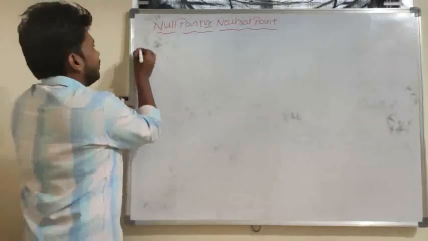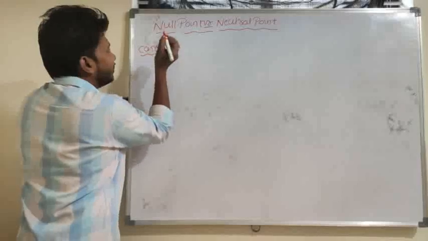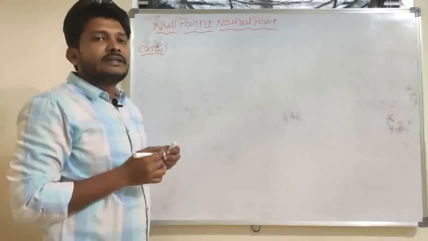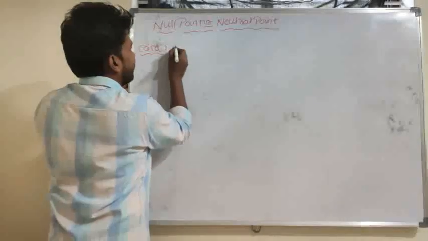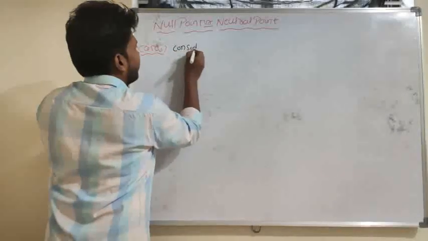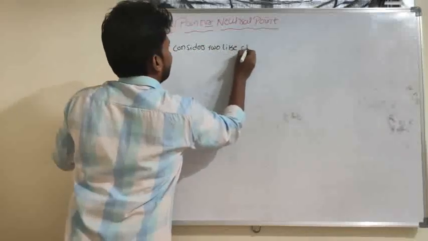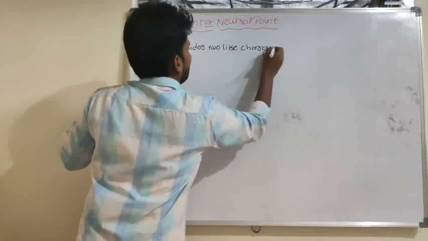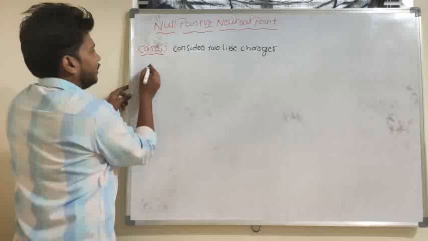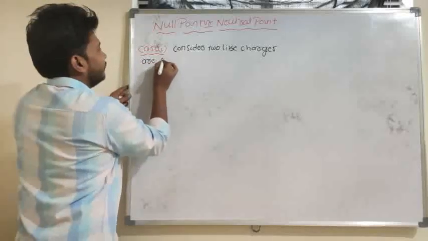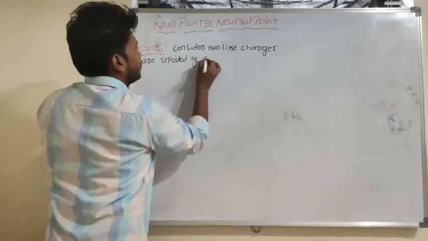So for example, I will find out that 0 electric field. In order to calculate it, first I will consider two like charges, positive positive or negative negative, separated by some distance.